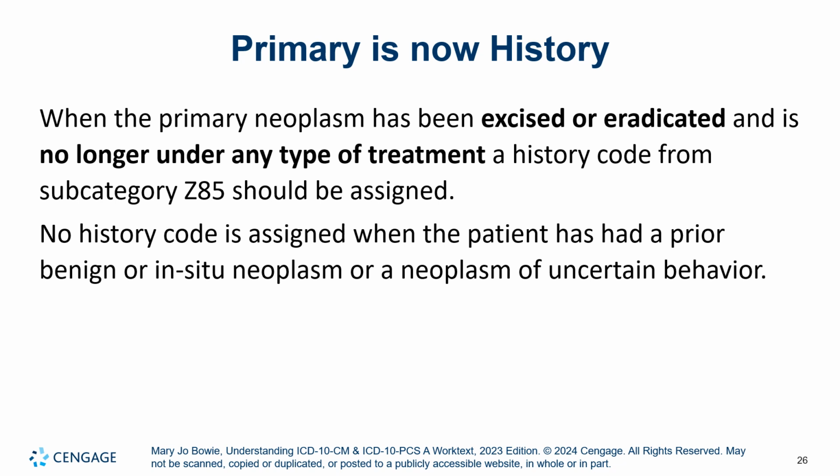Okay, so primary now history. When the primary neoplasm has been excised or eradicated and is no longer under any type of treatment, then we would code from Z85. A Z85 history code would not be used if the history is benign, if it was a benign neoplasm or a carcinoma in situ, or of uncertain behavior.